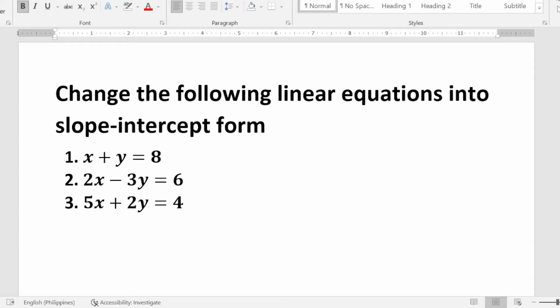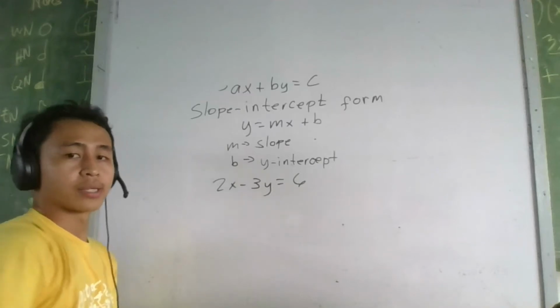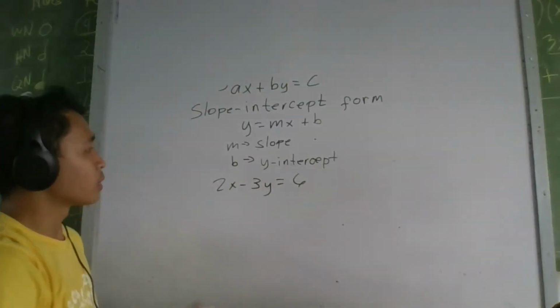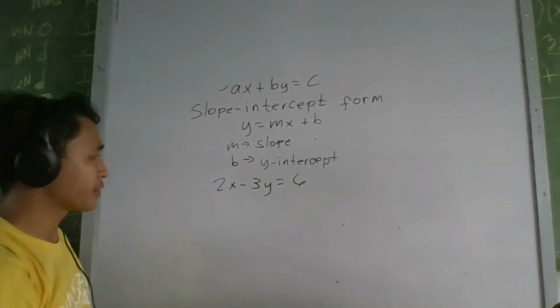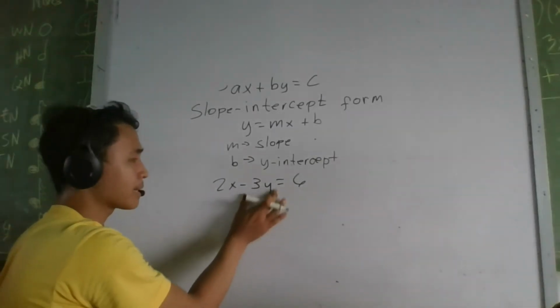Another example there is 2x minus 3y equals 6. So let's try to convert that one. Convert this into slope-intercept form. How are we going to do that? Again, yung first step is dapat y lang yung matira sa left side.